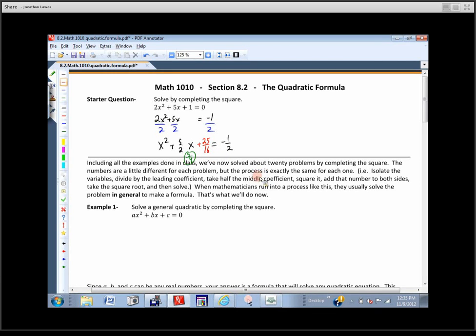How am I doing so far? Does that look good? Okay.